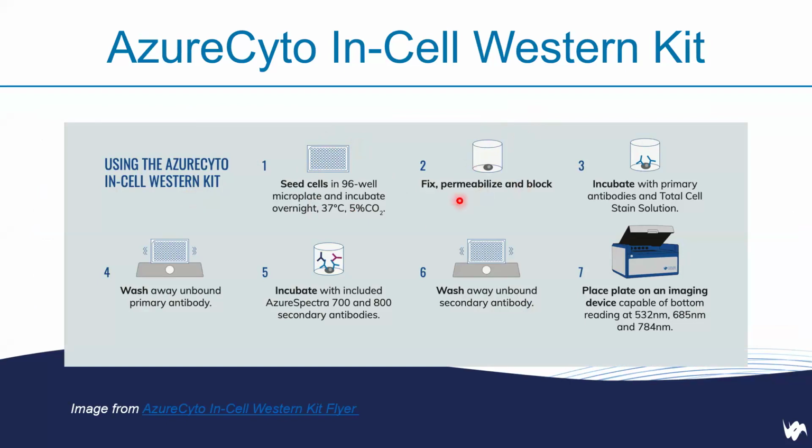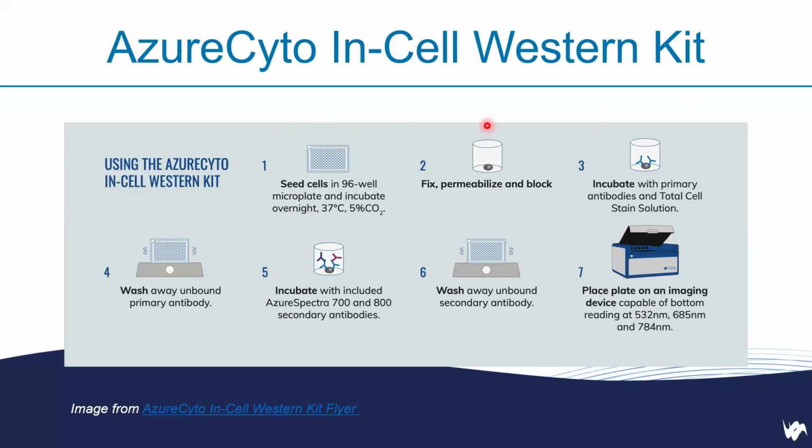Permeabilization is necessary if you are detecting intracellular protein, but if you are detecting surface protein, you can omit the permeabilization. So think of the entire step like your ICC, immunocytochemistry. It's the same concept, but every single well is one data point.